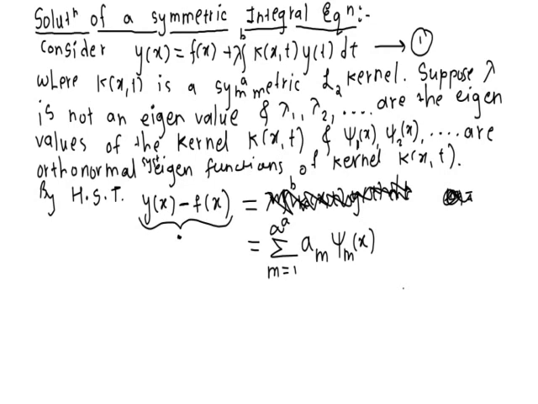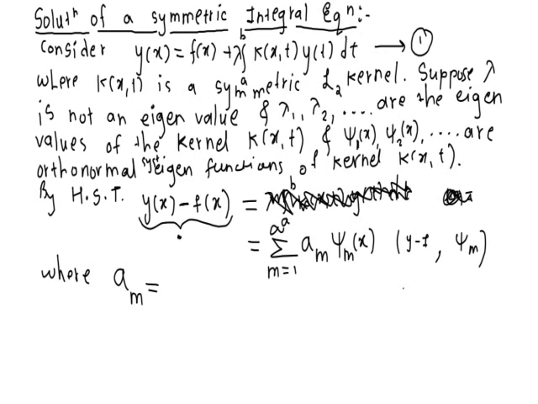Where a m is given how? a m is the Fourier coefficient, so it will be the inner product of the function y minus f and xi m.